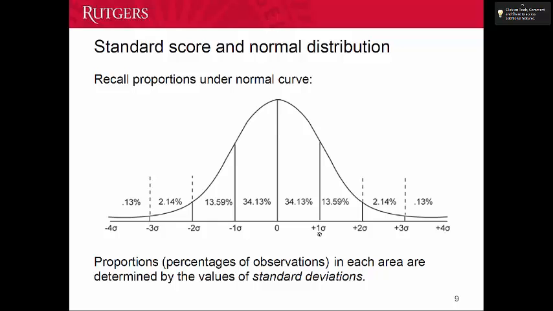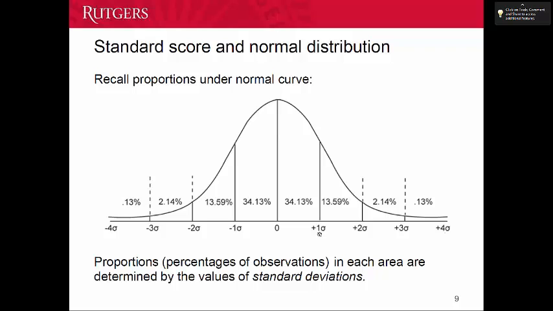Standard scores are important for the normal distribution. As the previous slide shows, you can easily calculate proportions on the normal curve. So if you have an interval of values which are measured in standard deviations, you can easily calculate the number of observations falling into this particular interval.